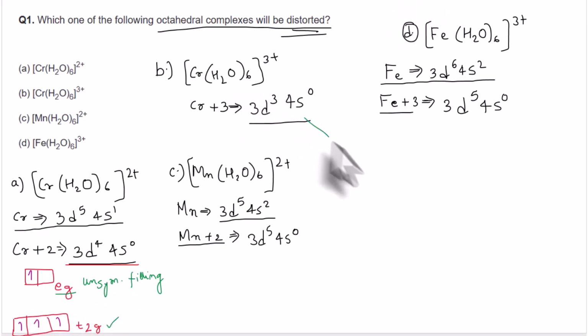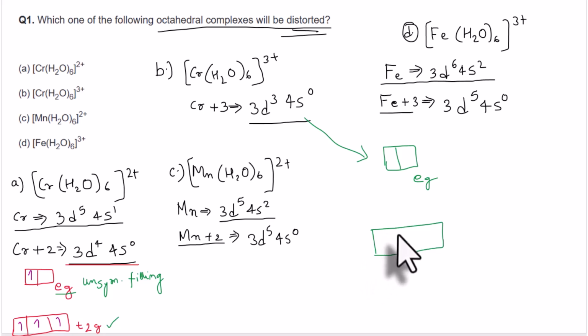Option B, chromium in the +3 oxidation state. We just saw what happens in the +2 oxidation state. In +3, we have a d3 electronic configuration. D3 means the 3 electrons fill the t2g orbitals singly, and this is a symmetrical filling of t2g.